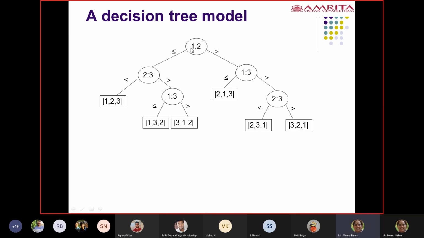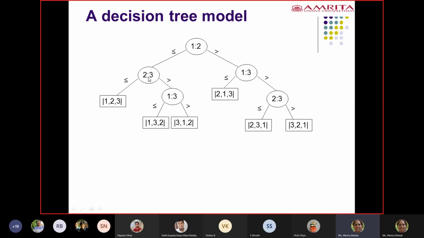For a particular example, if I find that 1 is less than 2, let me call it less than only now, but it will work for less than or equal to also. Then in this branch we compare between 2 and 3, because we have already found that 1 is less than 2.